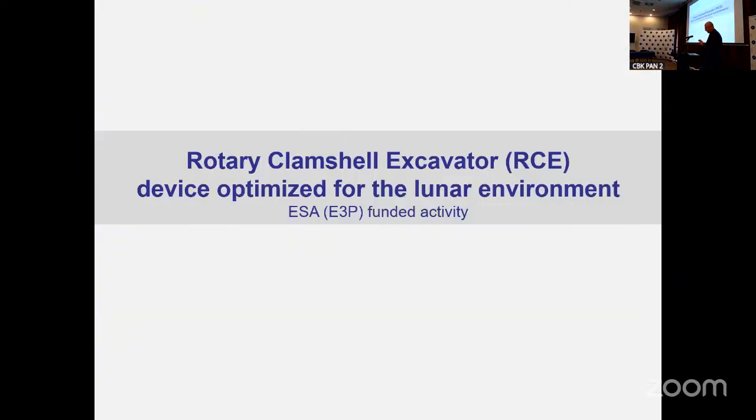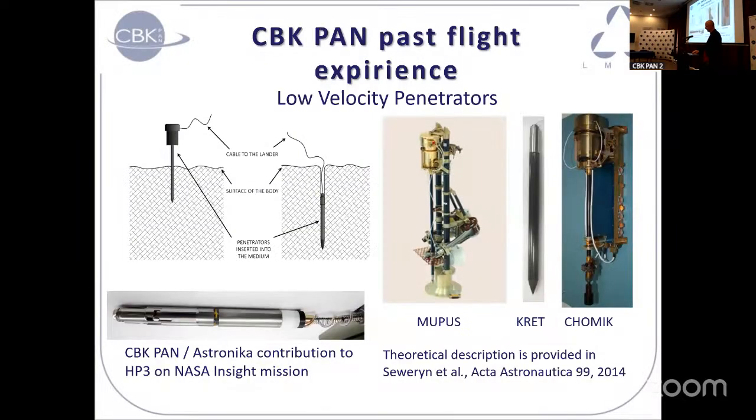Now a few words about these devices, because before I start to talk about the flight experiments, meaning the parabolic flight experiment, I would like to be sure that the audience more or less is familiar with what we developed in CBK. We have experience with devices interacting with the regolith, starting from our experiment for the Churyumov-Gerasimenko comet, which was led by Dr. Grygorczuk.